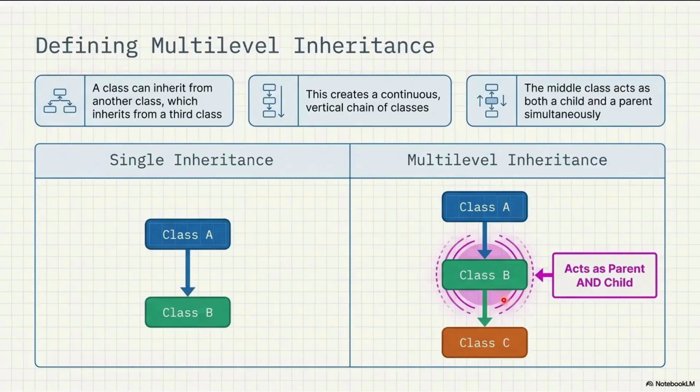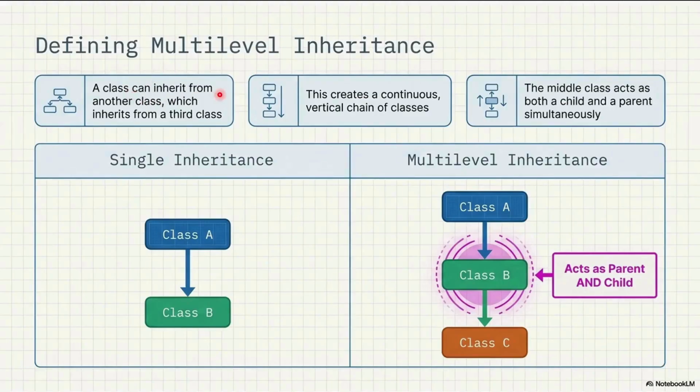We have class B which has been derived from class A, but then again we can derive C from the class B. So for class C, class B is the parent class, and for class B, class A is the parent class. Okay, so this is multi-level inheritance.